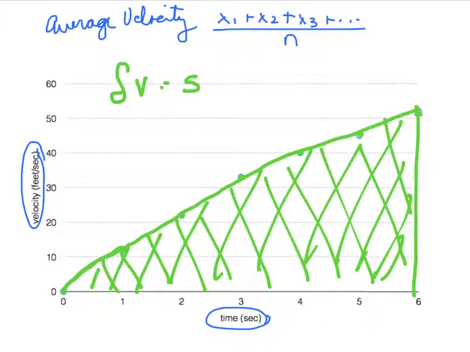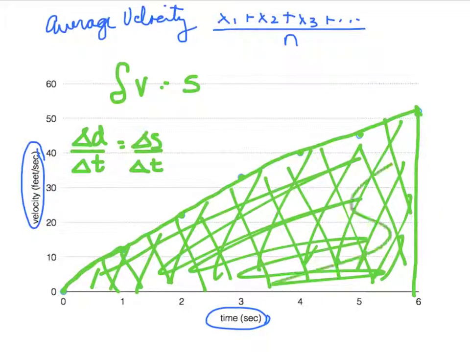And if you remember when we talked about average velocity before, we said that the average velocity was change in distance or position over change in time. So if I were to integrate velocity, I would get position. So if I found the area of all of that, that would give me my position. And then if I divided that by the number of seconds I traveled, which would be 6, that would give me my average velocity. So I've got to apply this to what we've been doing before.